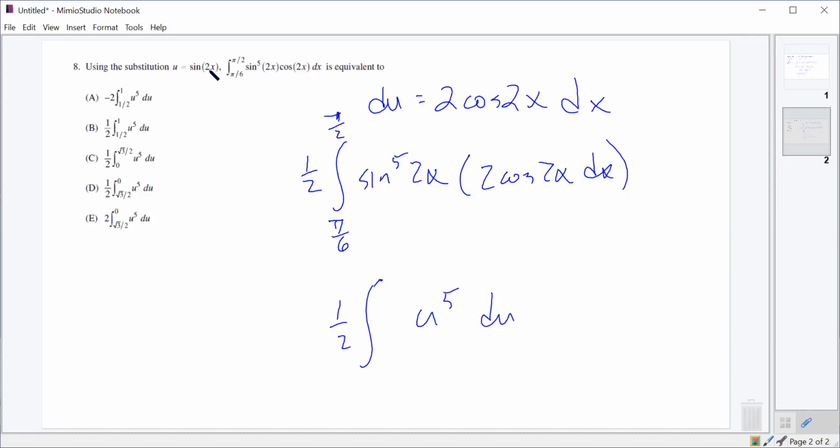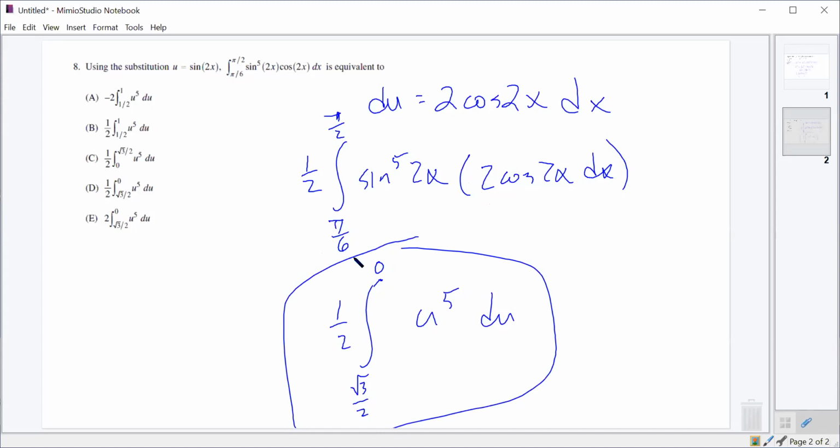And sine of 2 times pi over 6, that's the sine of pi over 3, which is root 3 over 2. And then the sine of pi over 2 times 2, that's the sine of pi, which is 0. So we should have 1/2 the integral from root 3 over 2 to 0 of u to the 5th du, which looks like it should be this one. Everybody good there? Any questions on that one?